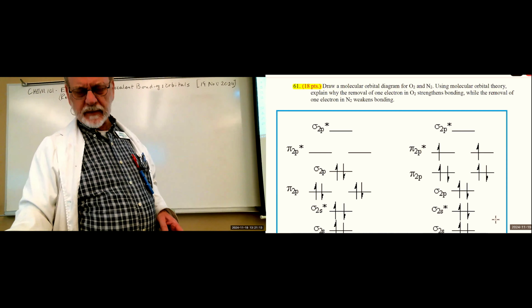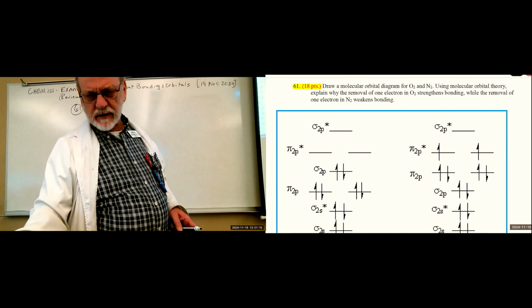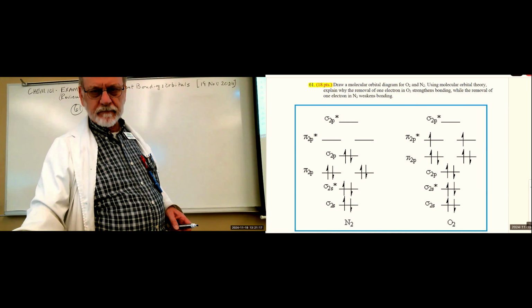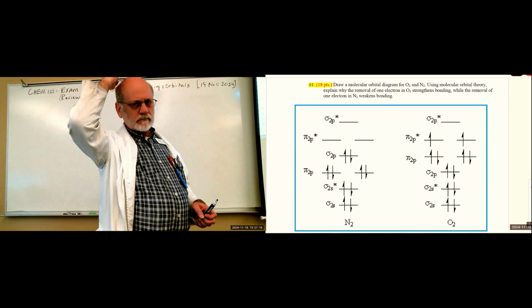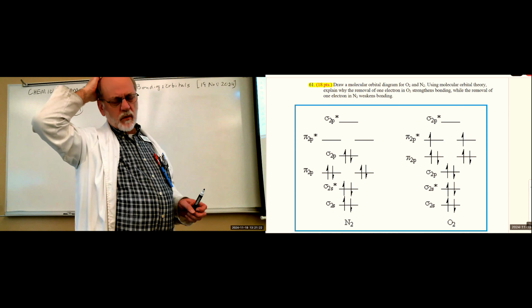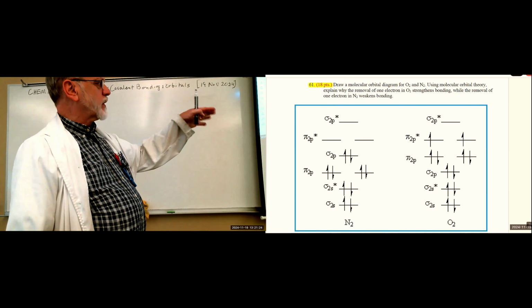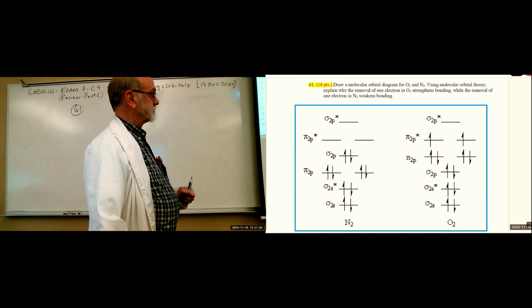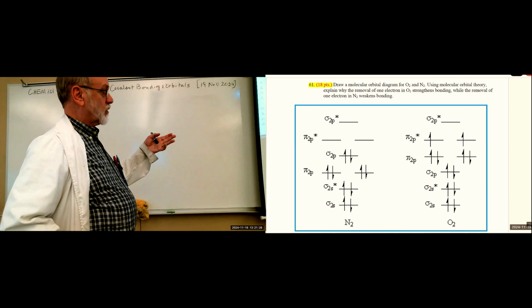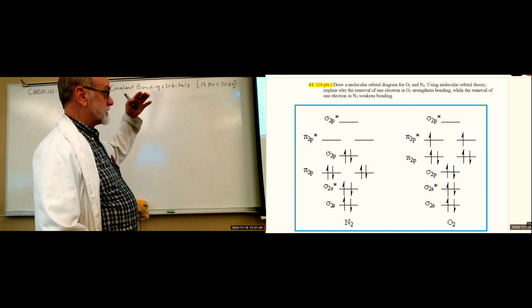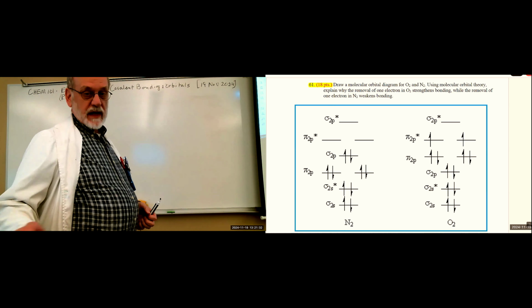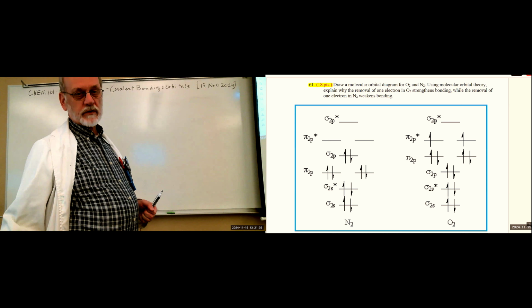Let me shrink it a little bit so we can see more of it. So we have these two electronic structures. One on the left is dinitrogen, and one on the right is dioxygen. And their molecular orbital setup is given there.